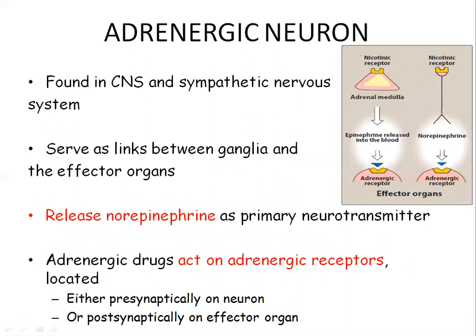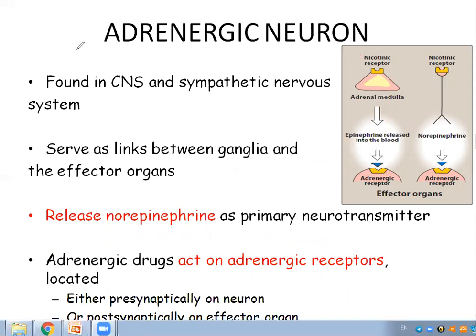And as you can see, just as a reminder of the adrenergic neuron, an adrenergic neuron is a neuron that secretes norepinephrine. So every neuron known to secrete and release norepinephrine is known to be an adrenergic neuron. Where is this adrenergic neuron located?